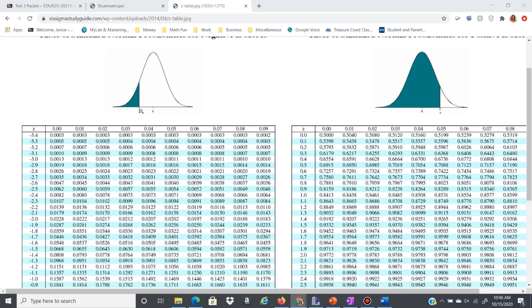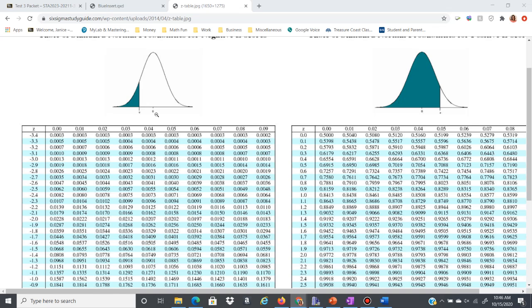The z-scores are on a standard curve, so the mean is 0 and the standard deviation is 1, 2, and 3. On a standard curve, the z-score gives you the area to the left. If you look at both of these shaded areas here, they both go to the left, so it's telling you the area under the curve.